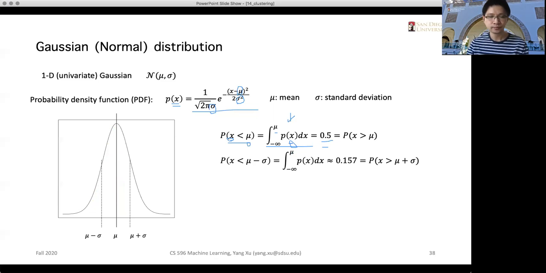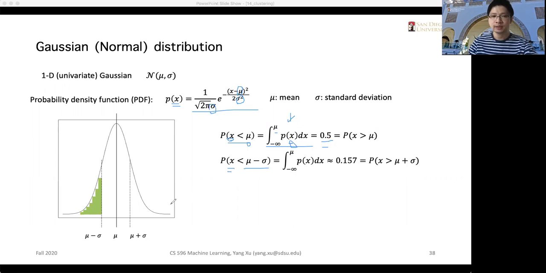Okay, so for instance, the area under this range indicated by the green color is actually the probability that a randomly drawn variable is smaller than the mean value minus one standard deviation.